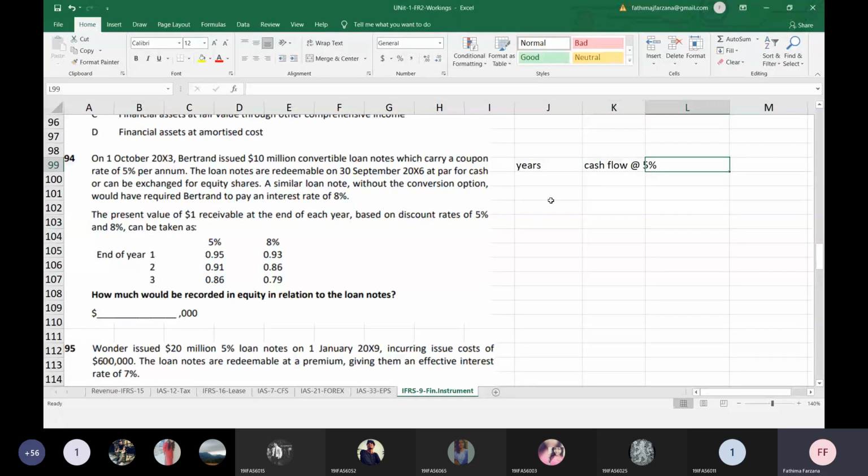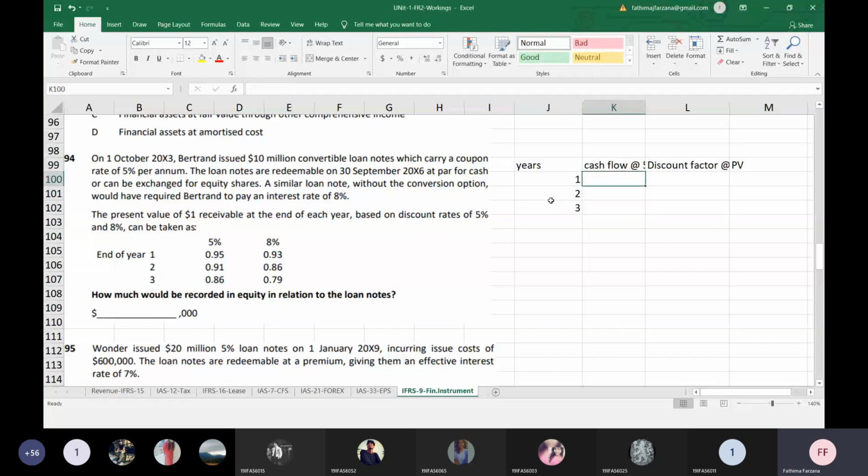Then we'll have the discount factor. Discount factors are given. Which will you take, 5% or 8%? 8%. So 8% is the discount factor. Then I'll have the present value. Let me see year 1. You can write the year also.